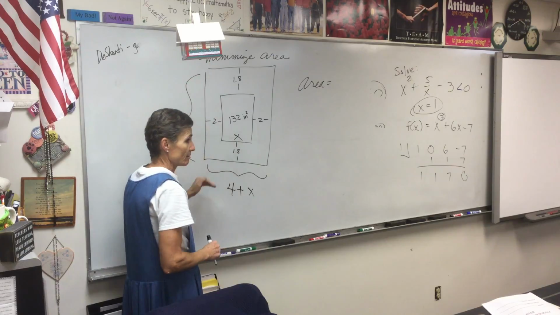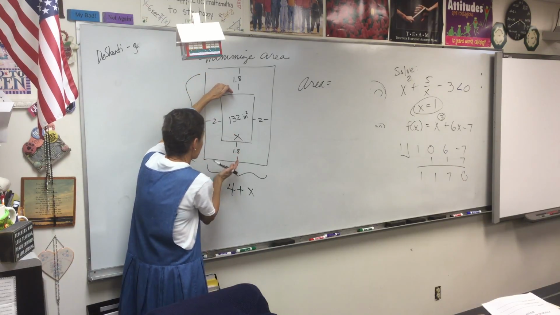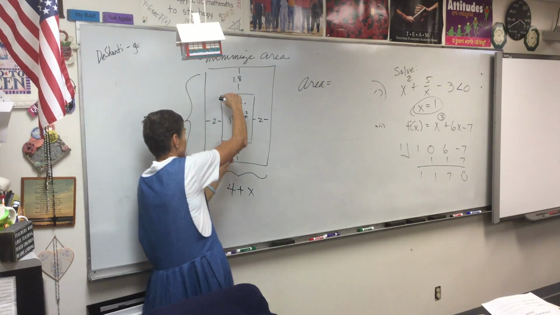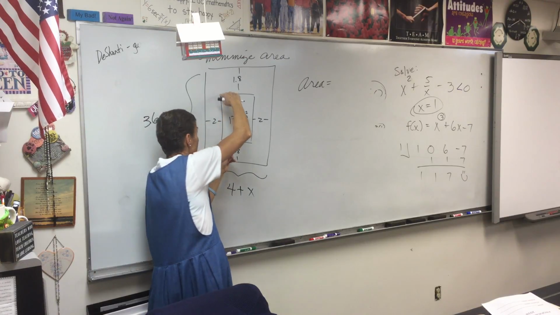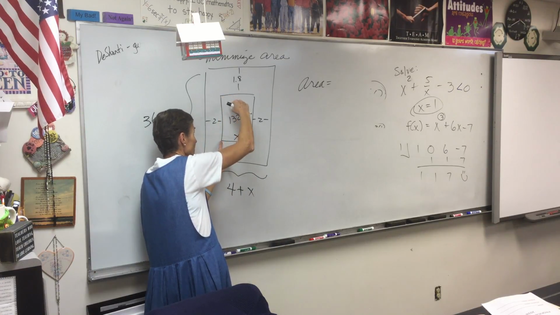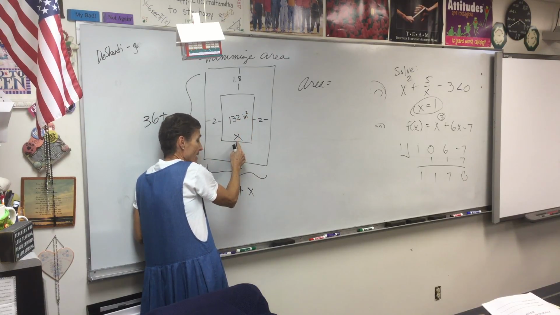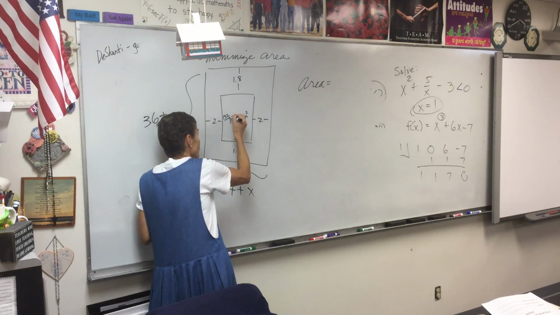Now what about the length of the paper? Well, I got 1.8 and 1.8, so I know for sure I've got 3.6, plus whatever this is right here. What's this dimension? If the area is 132, and that's x, what's this dimension? 132 over x.